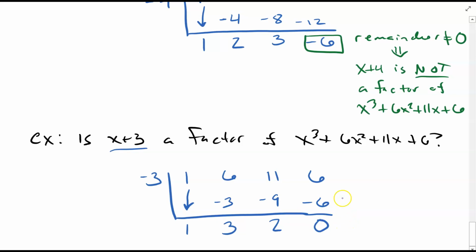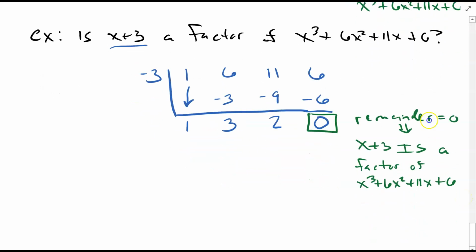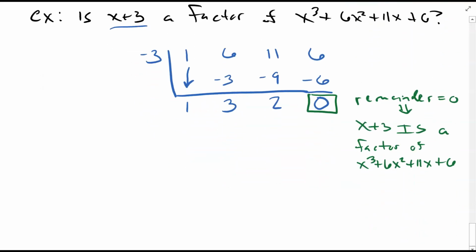I add down and I get 0. So that tells me that x plus 3 is a factor. And in fact, it tells me a little bit even more than that.